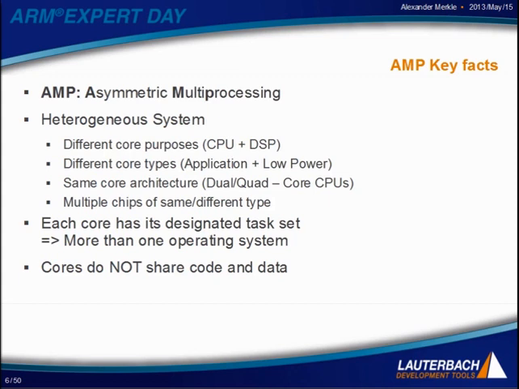So let's have a closer look at one specific case. All cores of our system are of the same architecture. We have a dual or a quad-core CPU in which all cores understand the same instruction set and have the same access to code and data.